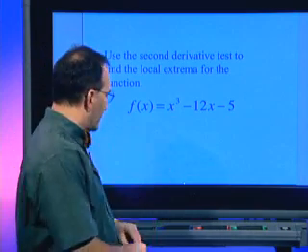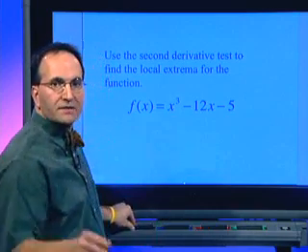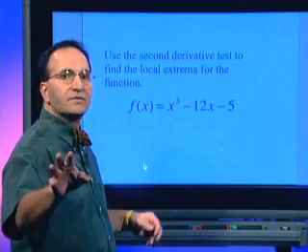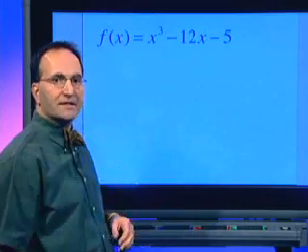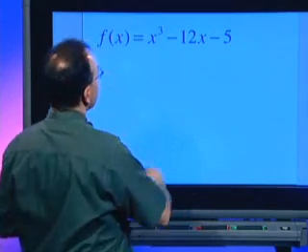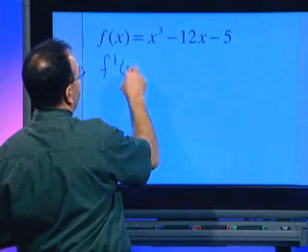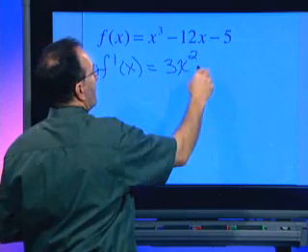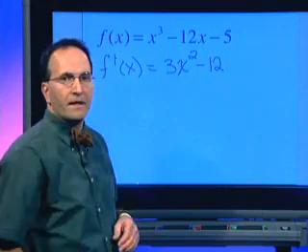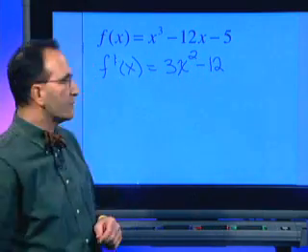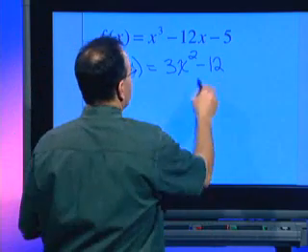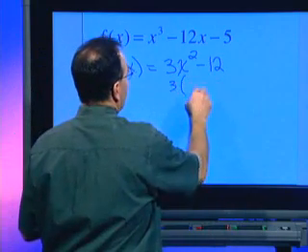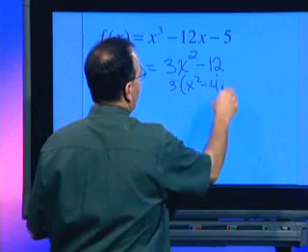The function f of x equals x cubed minus 12x minus 5. What we need to do is find the first derivative and second derivative. So the first derivative, f prime of x, would be 3x squared minus 12. And we need to know, when does that equal 0? Well, of course, this is 3 times x squared minus 4.